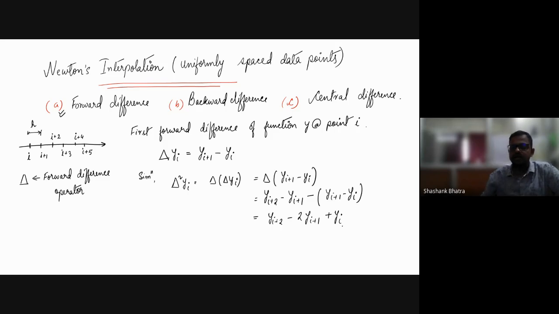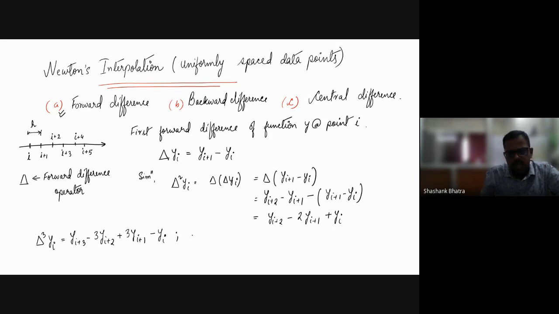Am I correct? In a similar manner, you can obtain the third order as well. It will be yi plus 3 minus 3 times yi plus 2 plus 3 times yi plus 1 minus yi.